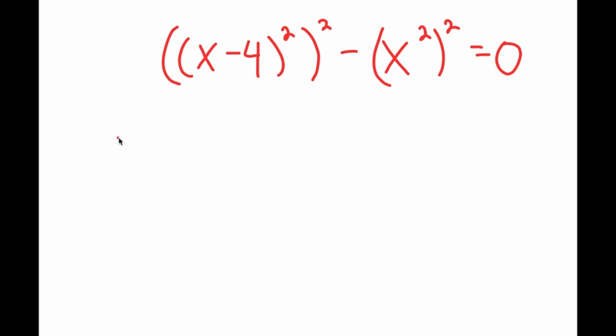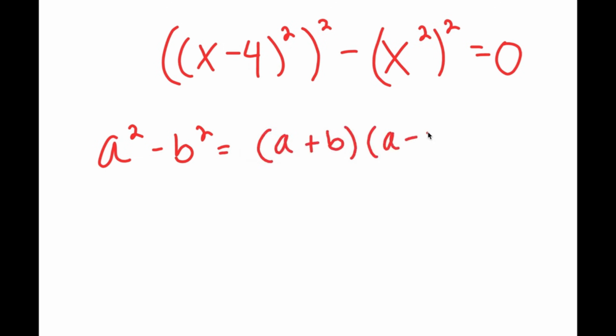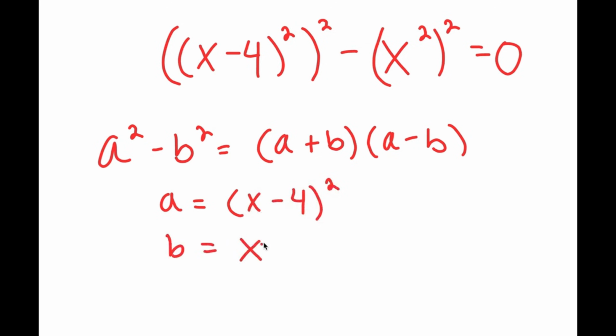And now I can use the property a squared minus b squared is equal to (a plus b) times (a minus b). So in this case, a is (x minus 4) squared and b is x squared.